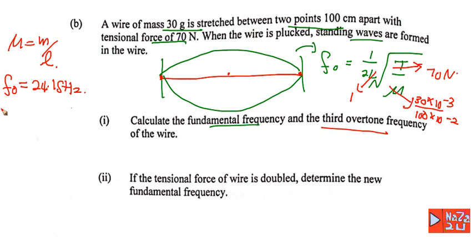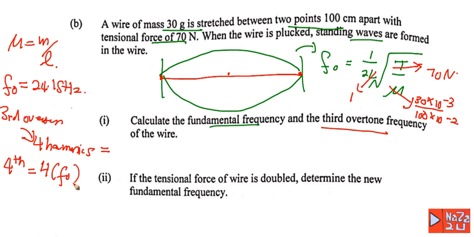Third overtone is referred to the fourth harmonic, right? So the fourth harmonic is referred to 4 times the fundamental frequency.